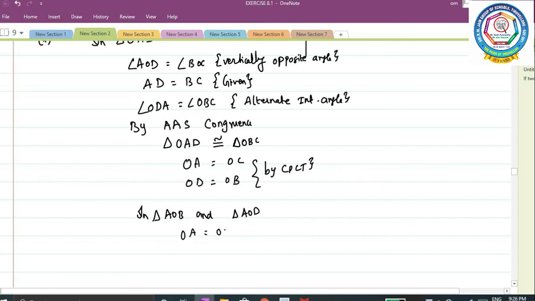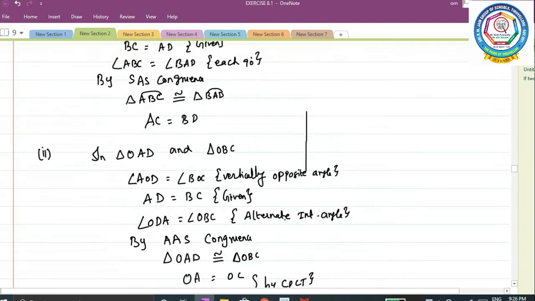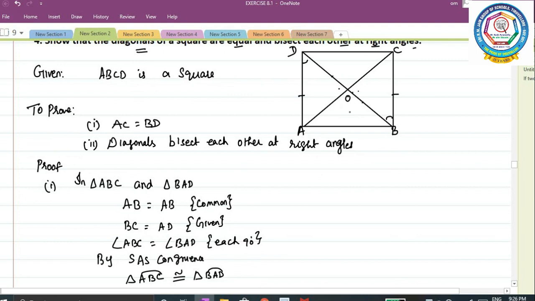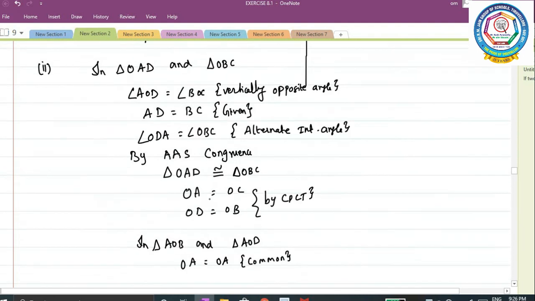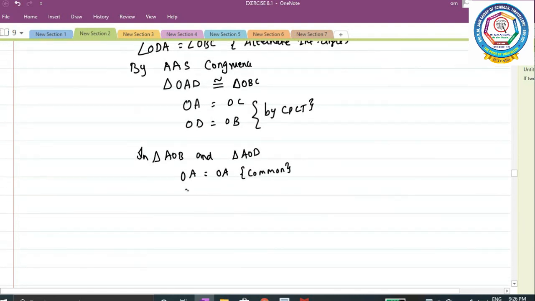OA is equal to OA. Common. Next one, OB is equal to OD. We proved OB is equal to OD.